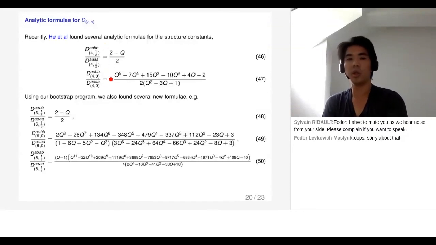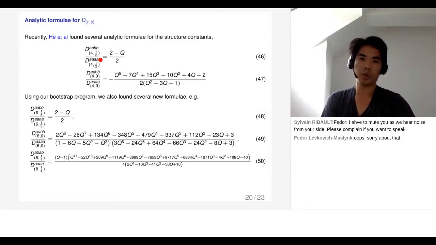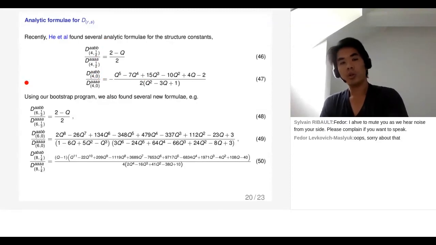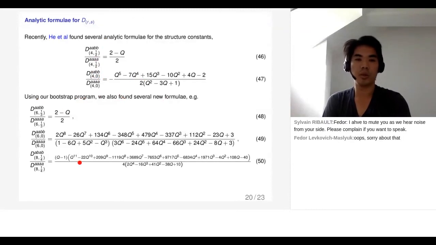For instance, these 2 here, and they're always the ratio of structure constants from different types of connectivities. And so of course, we check that our numerical result agrees with all of the formulae. And using our numerical result, we were able to obtain several new formulae as well. For instance, these 3 here.